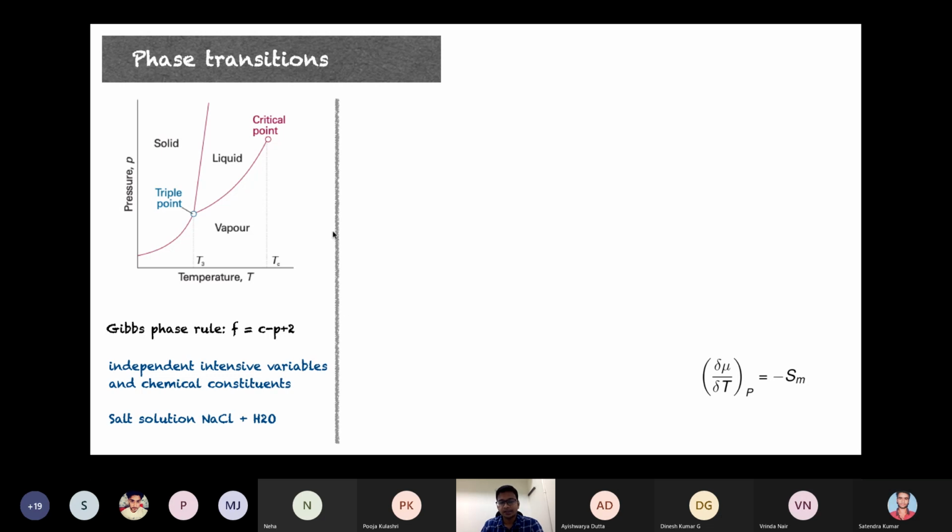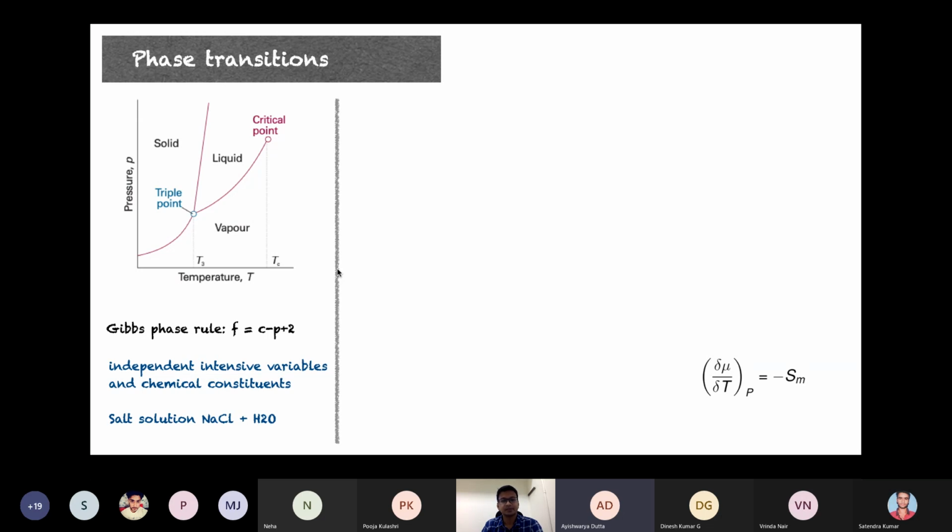But there is a little twist here. Can you guess the twist? Anyone? If I tell you that there are 2 independent chemical components or constituents, do you agree with me, or do you have any other explanation whether I'm wrong or right? Sir, because the number of chloride ions will be equal to the number of sodium ions, so there is a restriction.